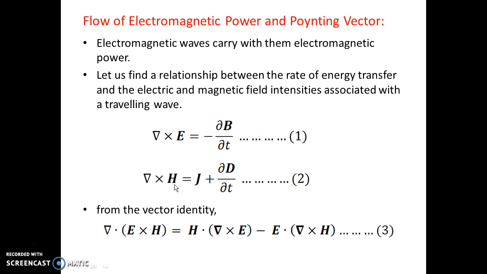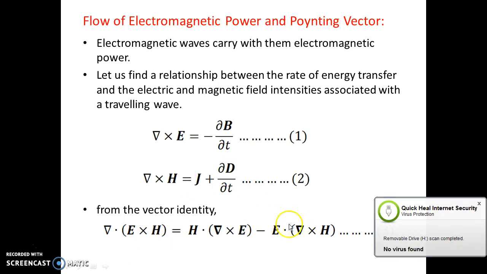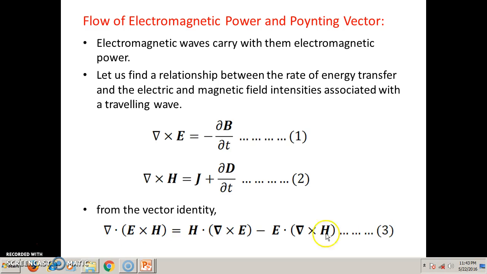The second Maxwell equation is del cross H equal to J plus dou D by dou t. In the second equation, the first term J indicates the conduction current density, and the second term provides us the displacement current density.